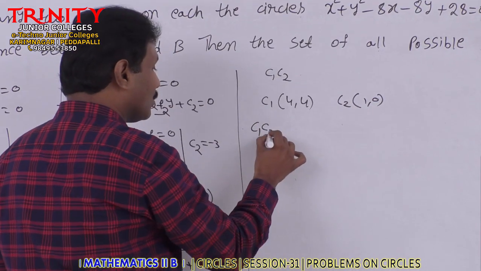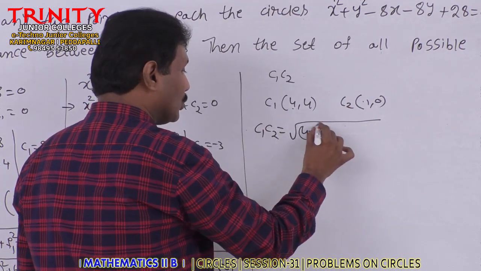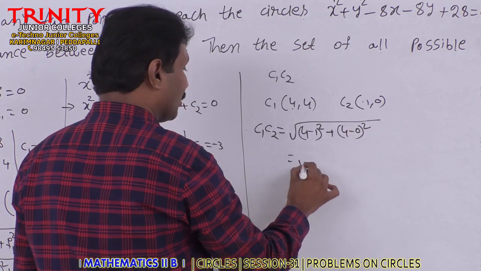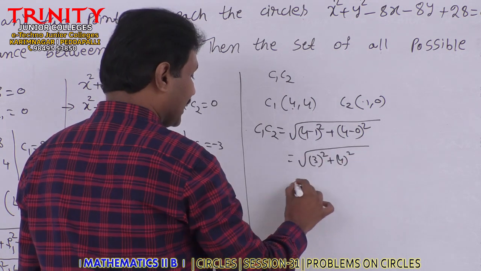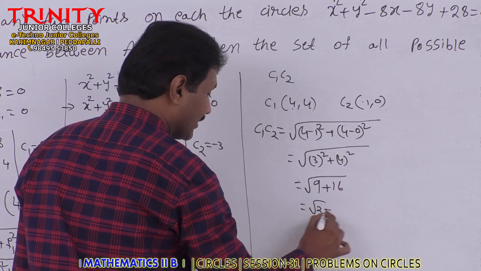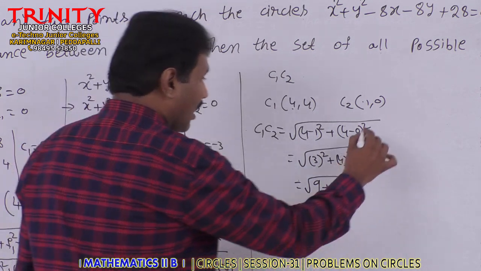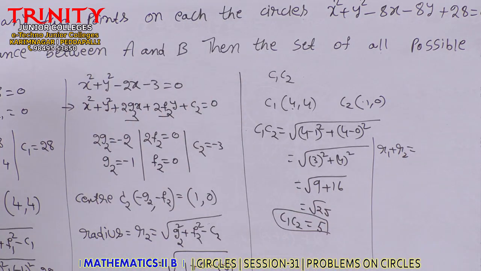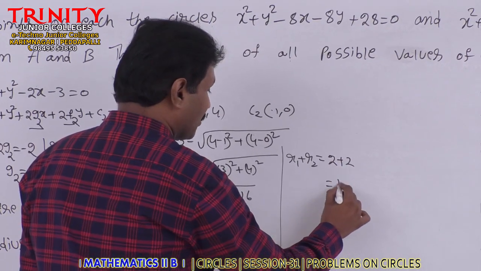The distance between the two centers is 5, and r1 + r2 = 2 + 2 = 4.